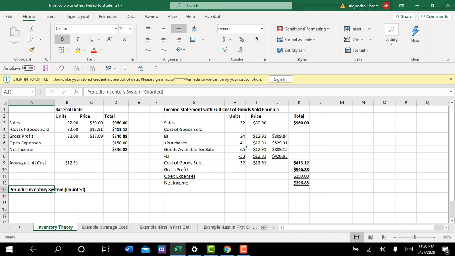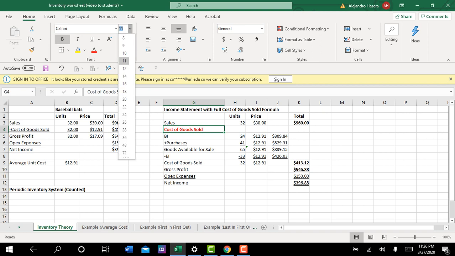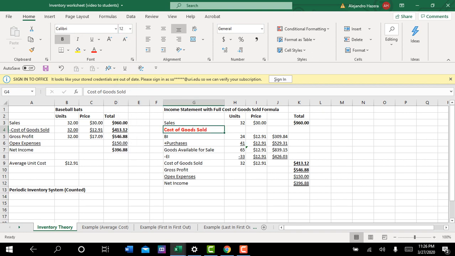Okay, so let's start by looking at, and I'll put this in red bold, the very important cost of goods sold formula. The cost of goods sold formula is everything under this subtitle which says cost of goods sold.